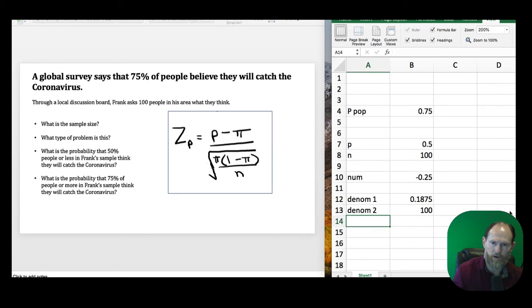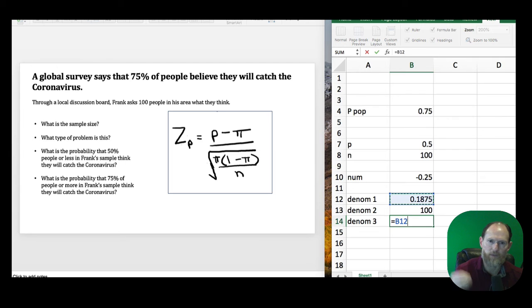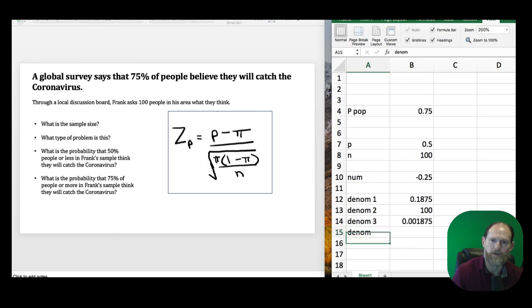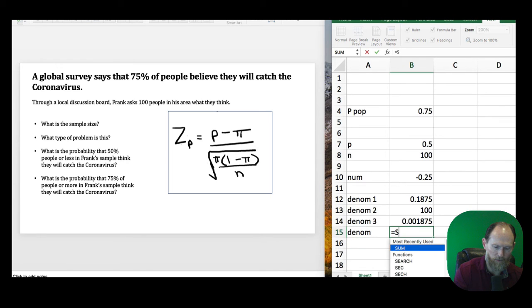And the third part is going to be the division of those two. So I'm just going to take that P-pop times 1 minus P-pop and divide it by that N. And then the last bit is actually going to be the denominator, so I'm not going to number it. And I'm going to take the square root of that value there.